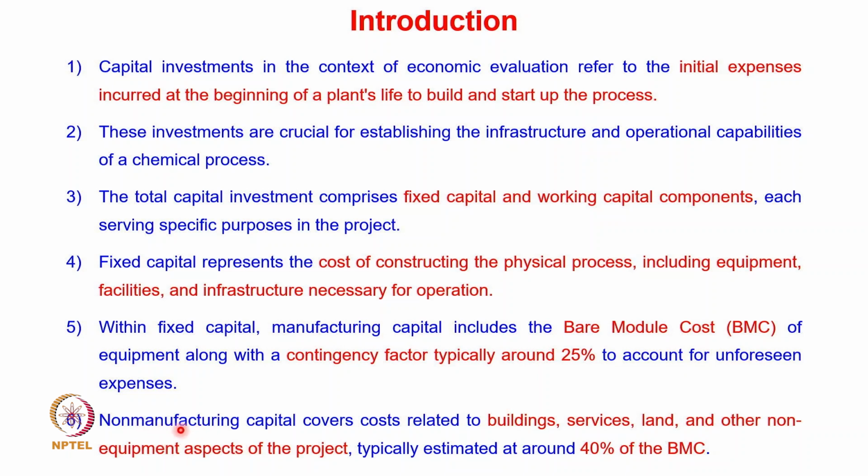When we talk about the non-manufacturing capital cost, it includes the cost with respect to the construction of buildings. These are with respect to the cost of services, land, and other non-equipment aspects of the project. And typically, these are estimated as 40% of the BMC. So BMC is nothing but bare module cost. So we first calculate the bare module cost.